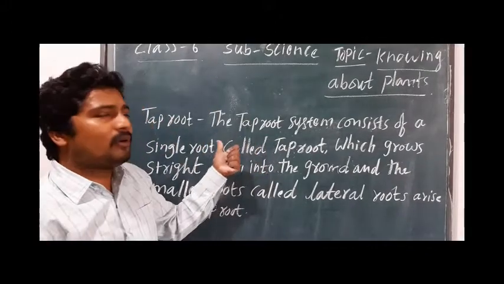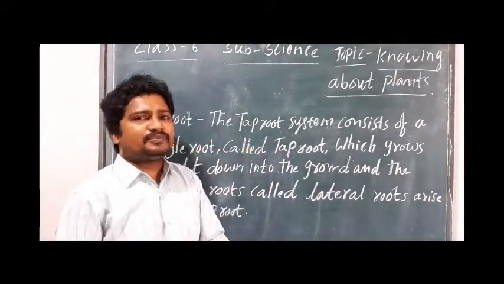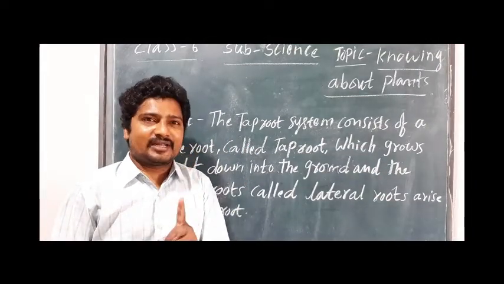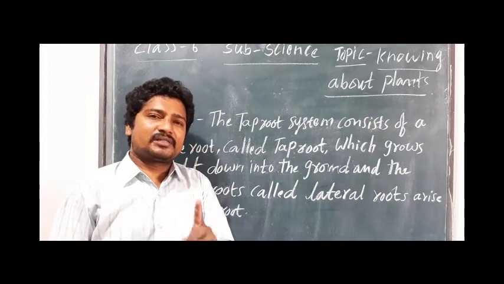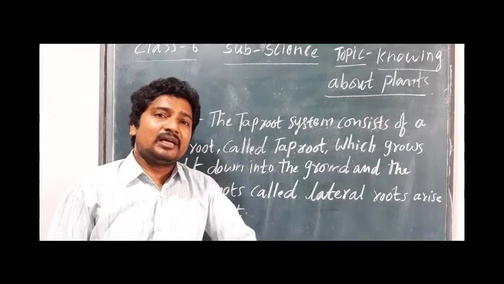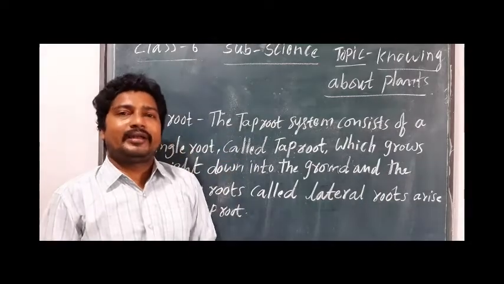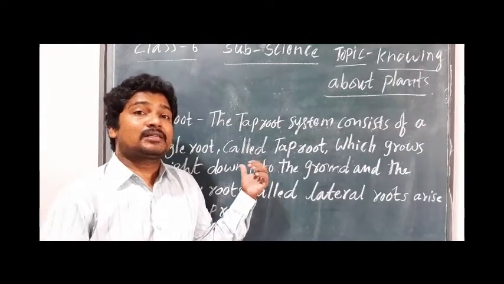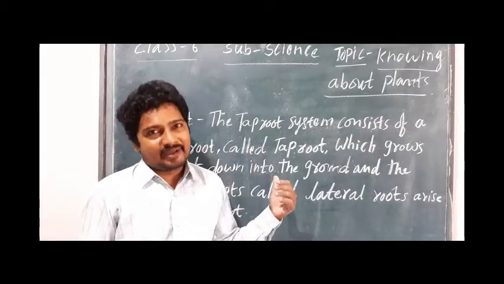So this is about the tap root system. In the tap root system, a single root is present and it goes very deep in the soil, and these plants are very strong. Am I clear, children?